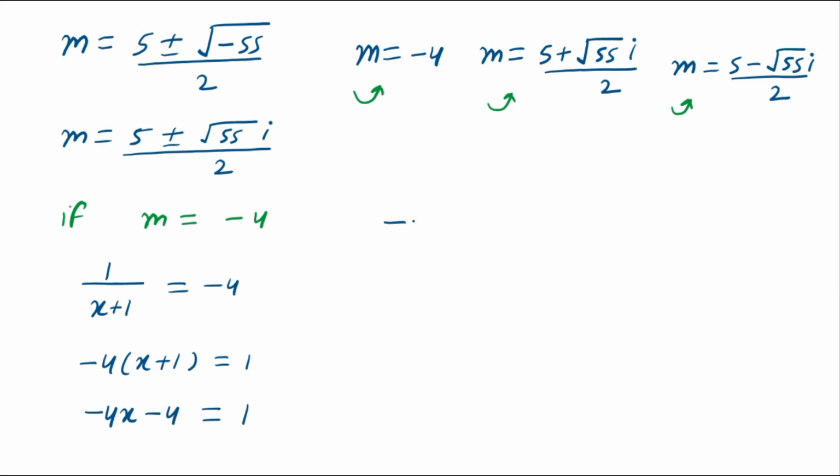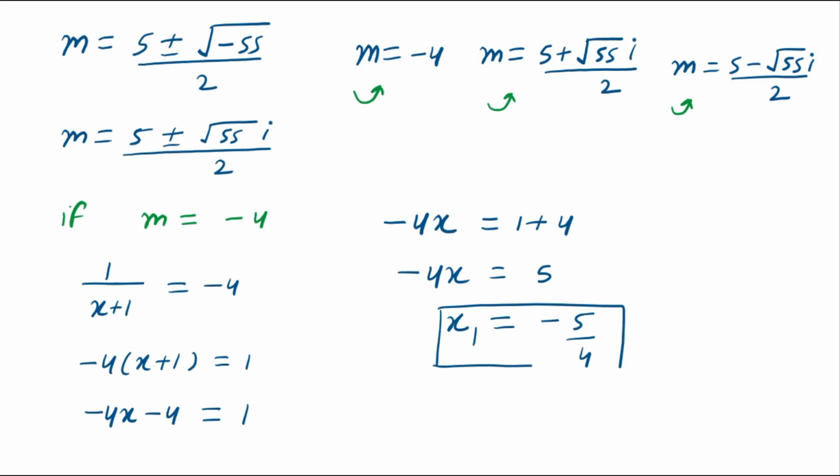On the left hand side, minus 4x, this minus 4, if we take it to the right hand side, then this is 1 plus 4. Minus 4x is equal to 1 plus 4 is 5. Now divide both sides by minus 4, then the value of x is equal to minus 5 over 4. This is our first solution. Let's say this is x1 is equal to minus 5 over 4.